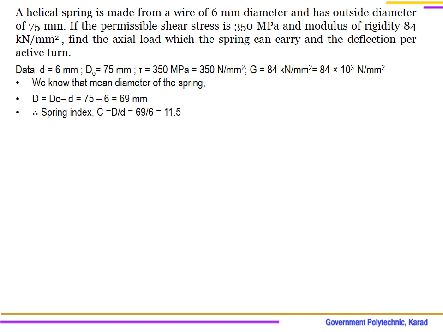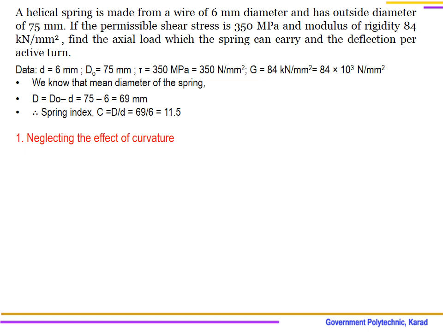That means DO minus d by 2 minus d by 2, so that becomes DO minus d. So mean coil diameter becomes 75 minus 6, that is 69 millimeter. Spring index is the ratio of mean coil diameter to wire diameter. So 69 upon 6 becomes 11.5.